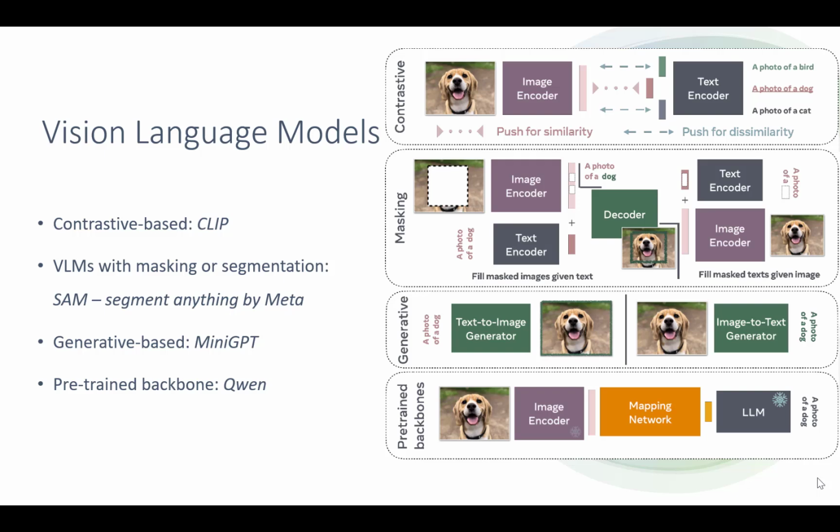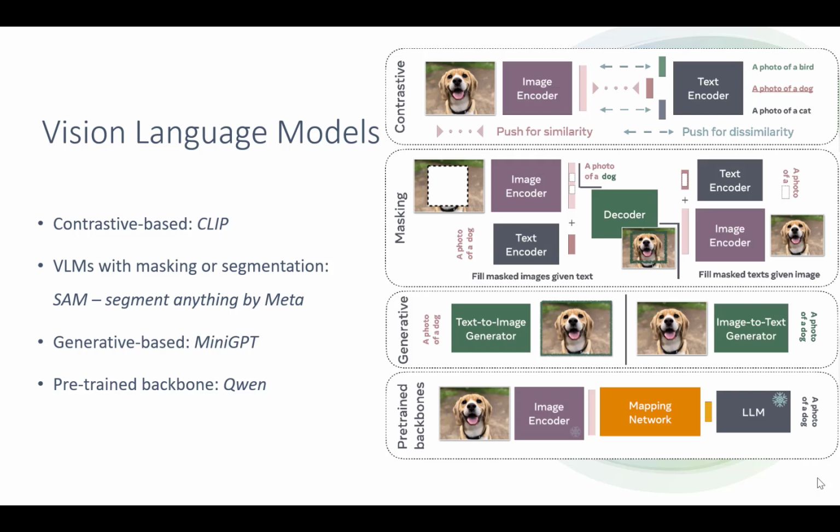Next option here, or the way of training vision language models, is masking or segmentation. Masking is another strategy that can be leveraged to train VLMs by reconstructing the missing patches given an unmasked text caption.